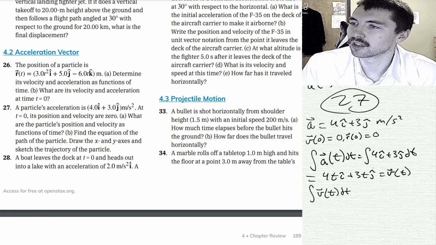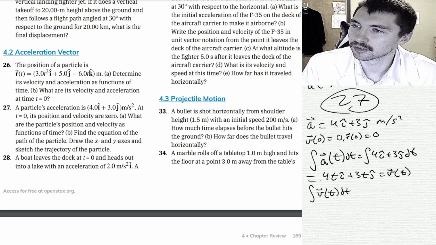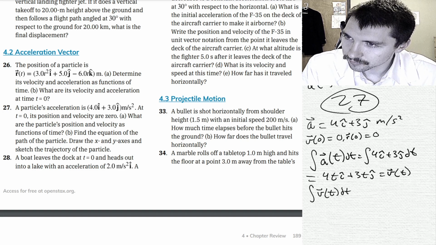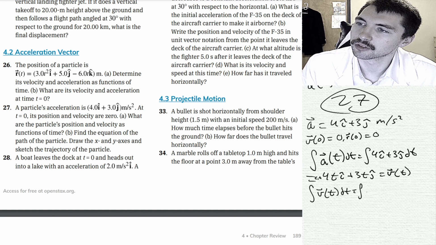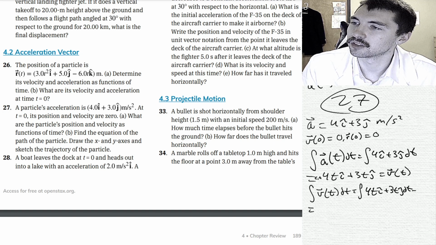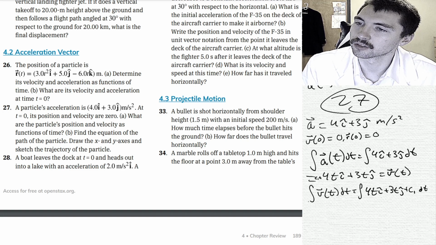Plus a constant. Okay, so this will be the integral of 4ti plus 3t dt. So that's going to be plus c, right?